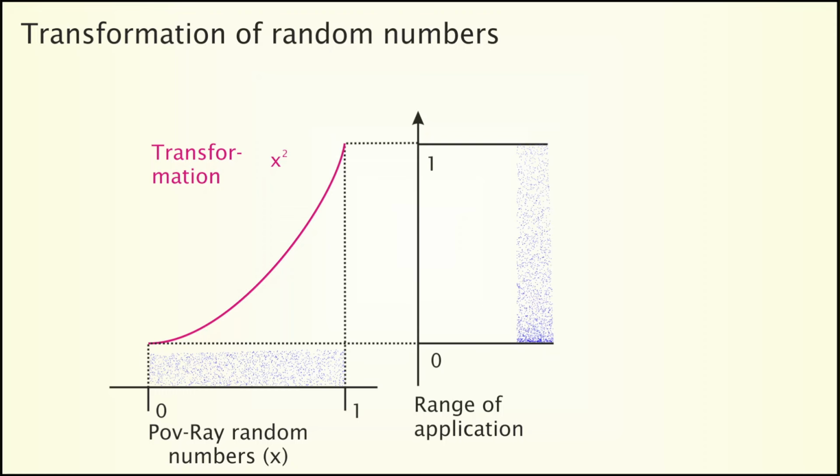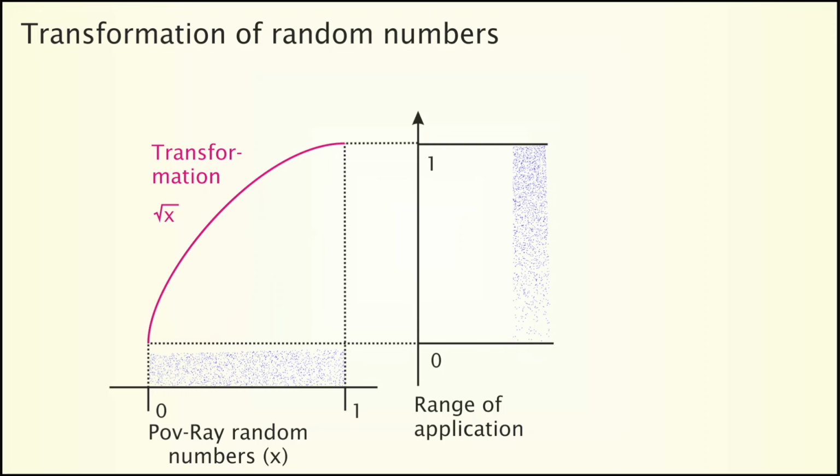If you use the inverse function, like the root of x, then you will have this accumulation of numbers on top of your new range of application. And what is also possible is to have an accumulation of random numbers in the very center of your range of application.